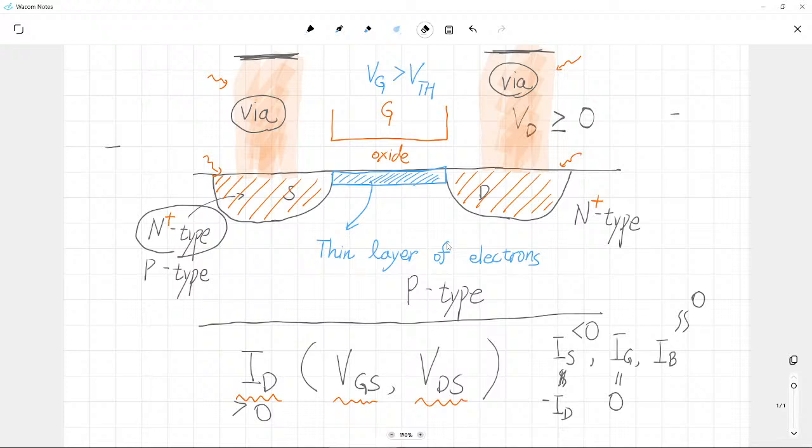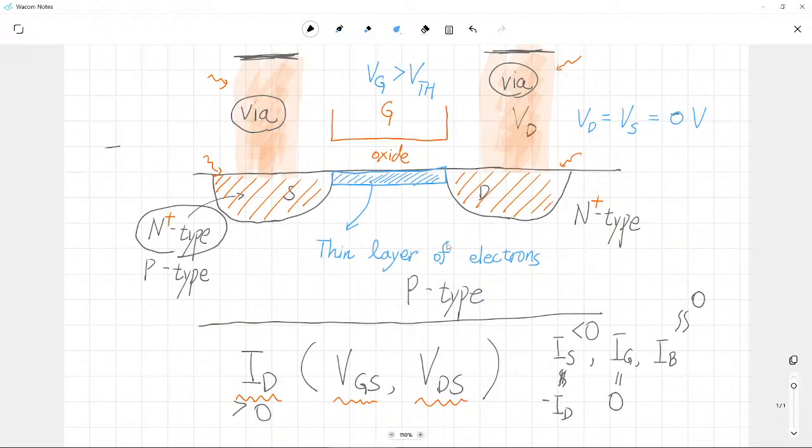Then, first of all, we will consider this condition. Drain bias is equal to source, so we have 0 voltage. Then you know that this structure is really symmetric. So between source and drain, and if we apply 0 voltage to this guy, and that guy, then the distribution of electrons will be also symmetric.